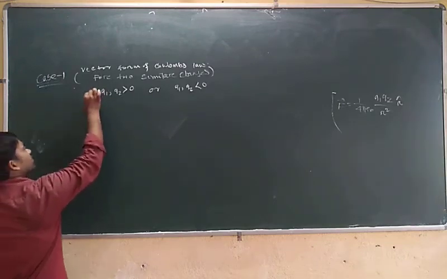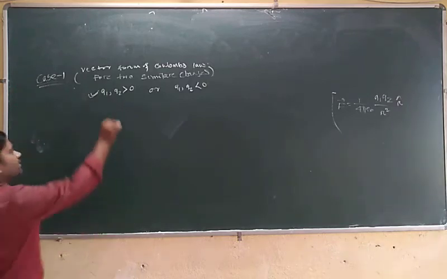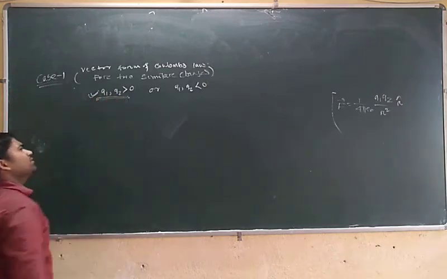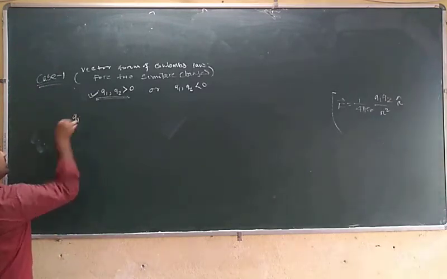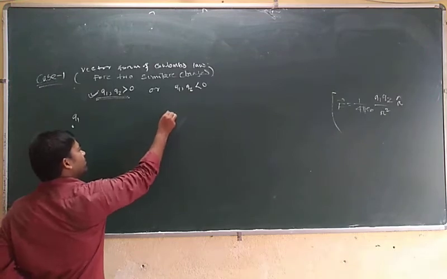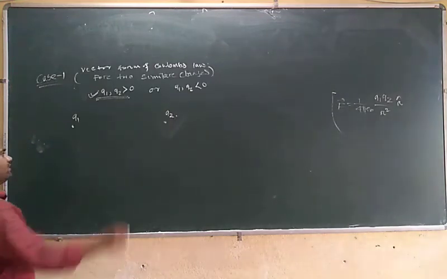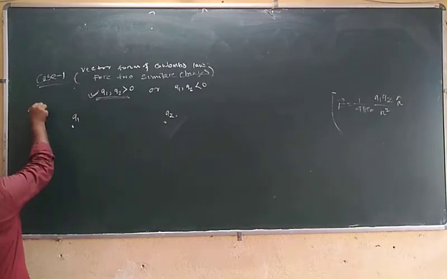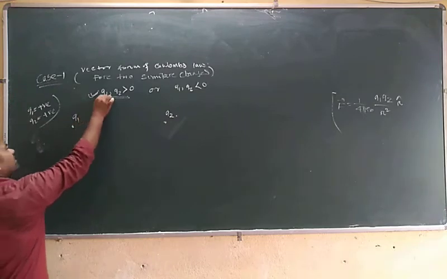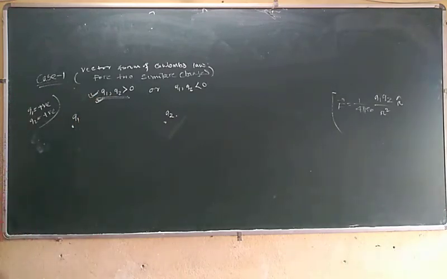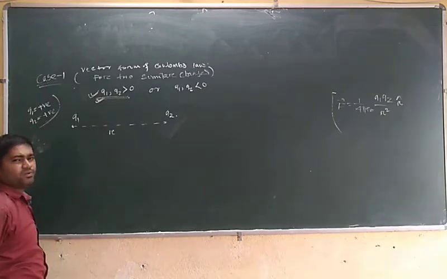Suppose I choose two positive charges, q1 and q2 greater than 0. Here q1 is positive and q2 is also positive, and suppose the distance between the two charges is r.